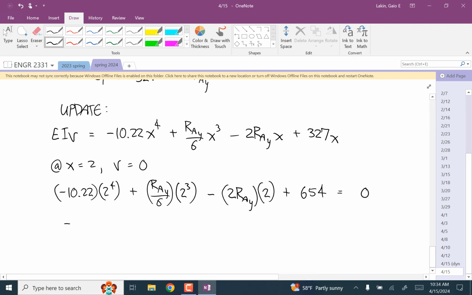So negative 163.52 plus 4/3 RAY minus 4 RAY plus 654 is equal to 0.